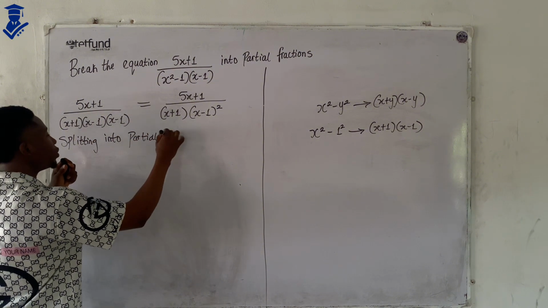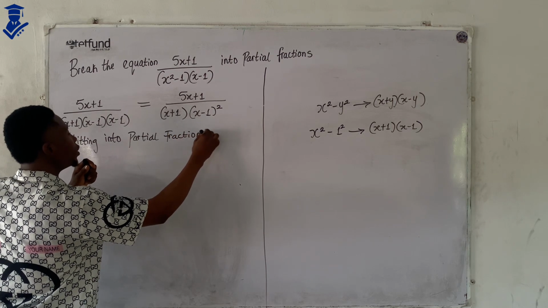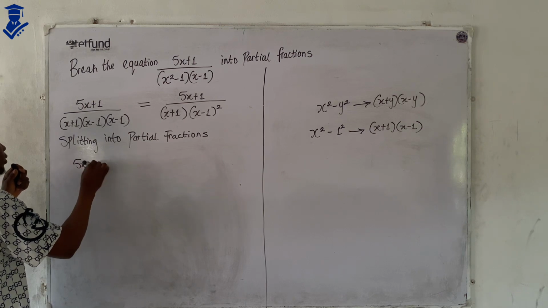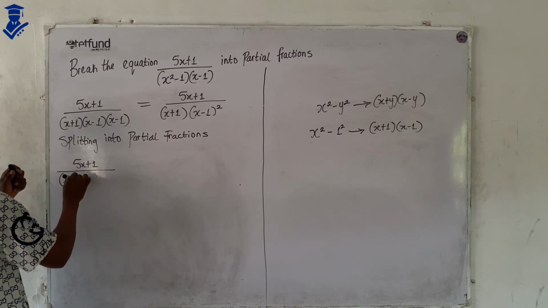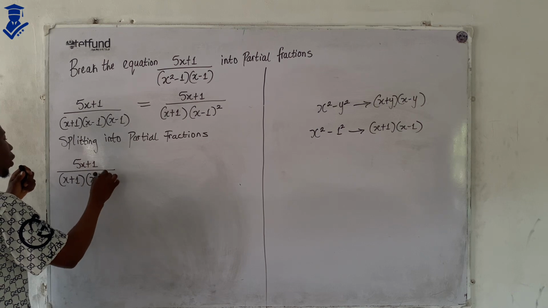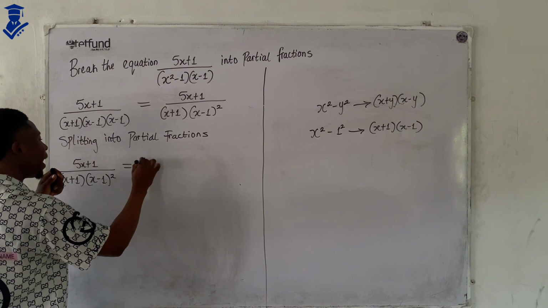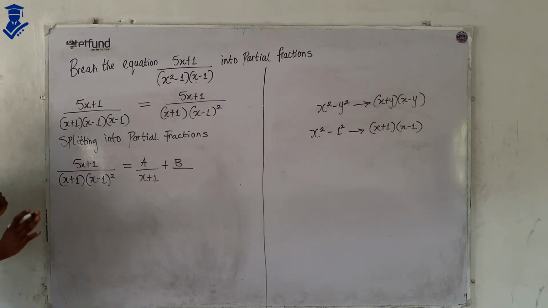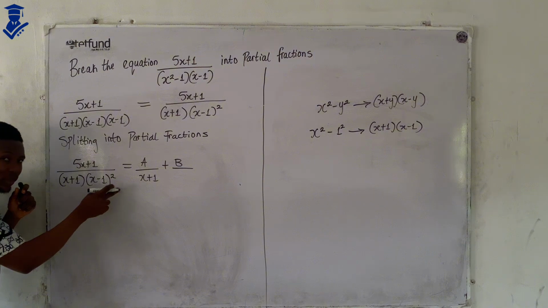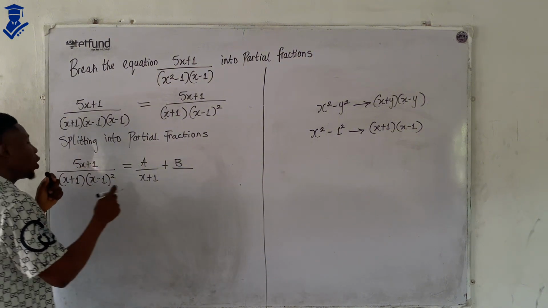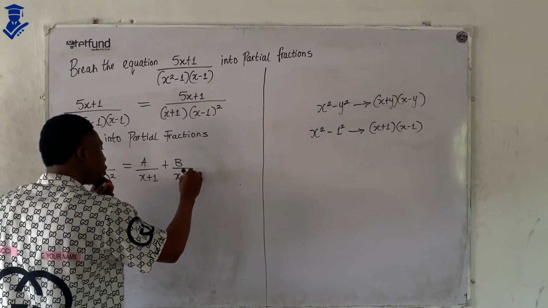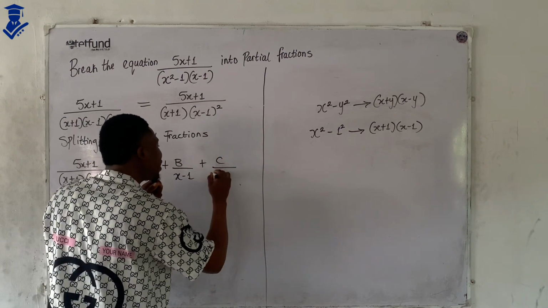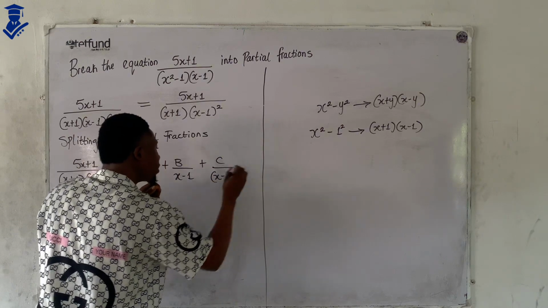Finally, if you want to split this into partial fractions, it becomes 5x plus 1 over x plus 1, x minus 1 all squared, equal to a over x plus 1 plus b over x minus 1, plus another constant c over x minus 1 squared.